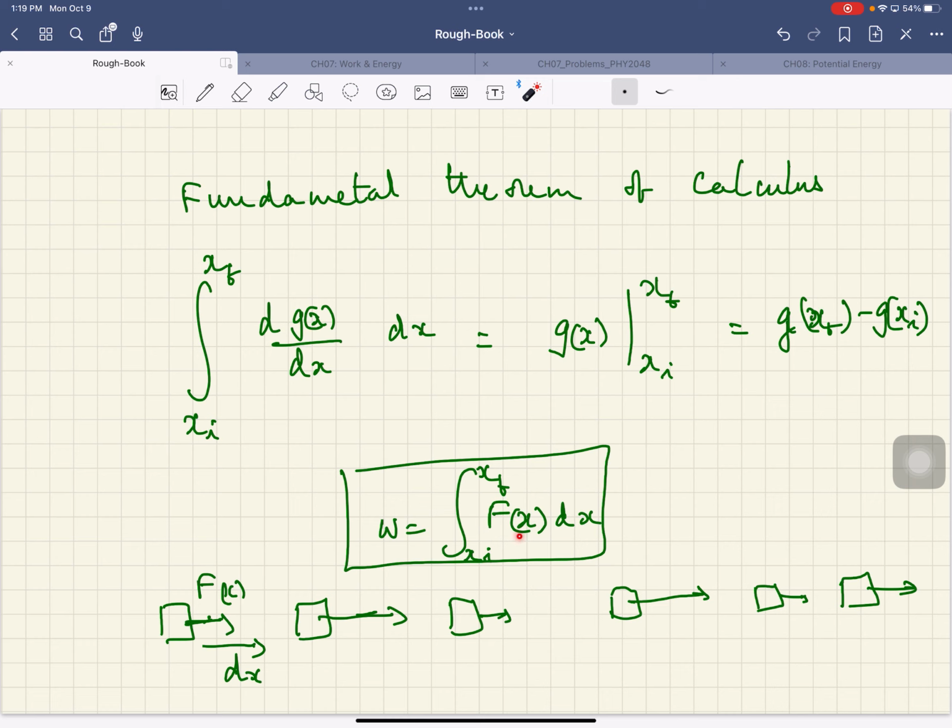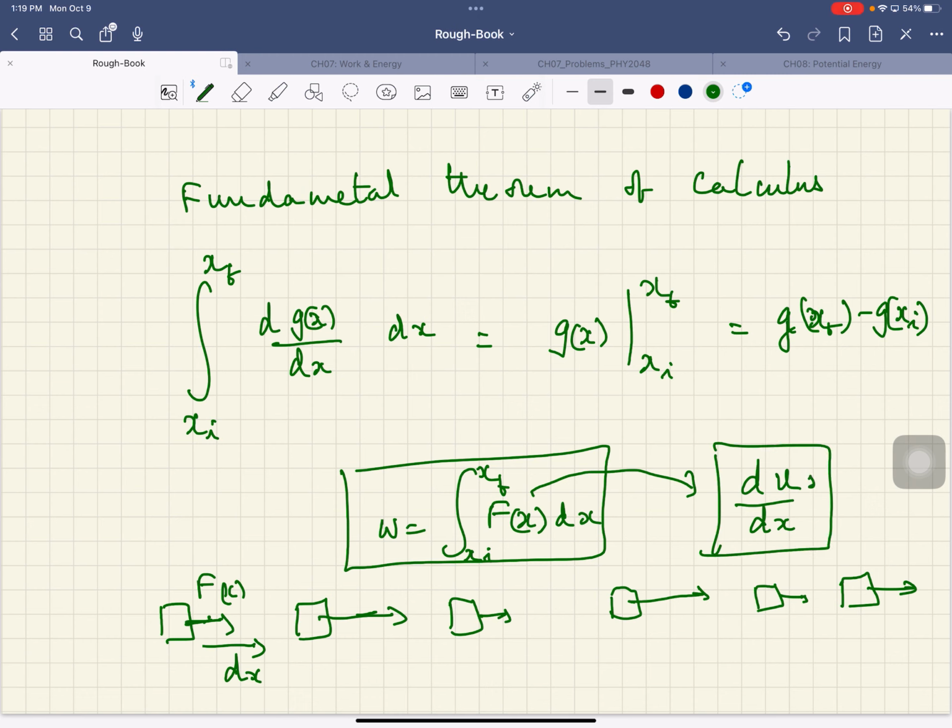So this doesn't look like that. What we're going to do is consider cases where this force is equal to du by dx, the derivative of some function. And that's what this chapter is about. Do you guys understand that? Everybody?